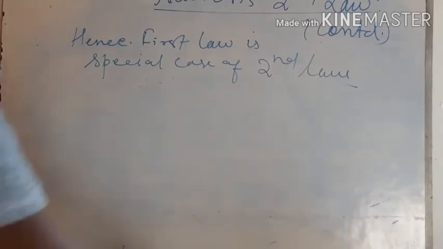Now let us come to the unit of force. As you know, each and every physical quantity has some unit, and that unit may be either in SI unit or in CGS unit.